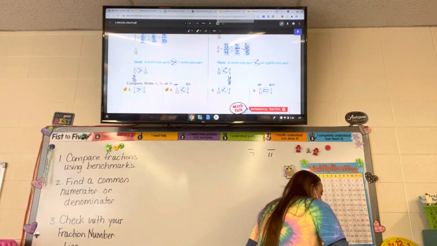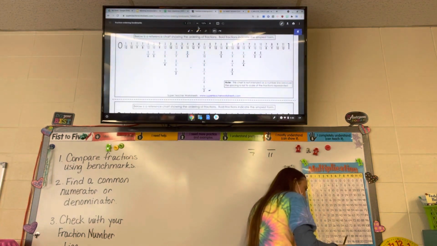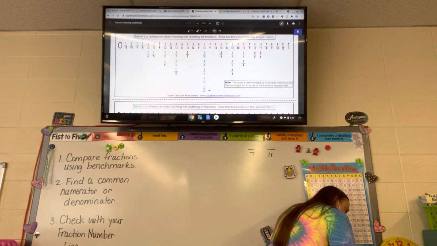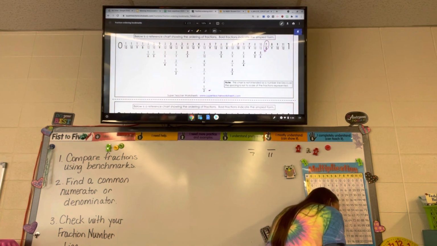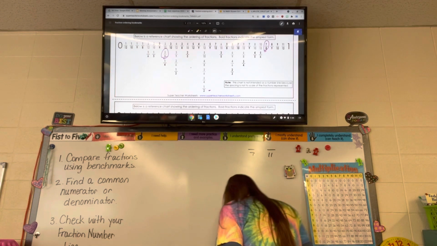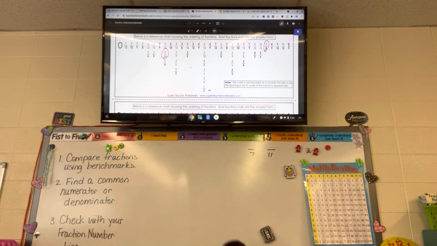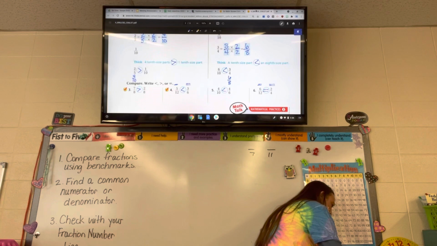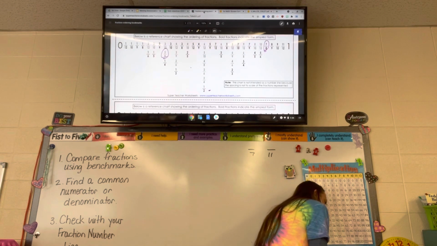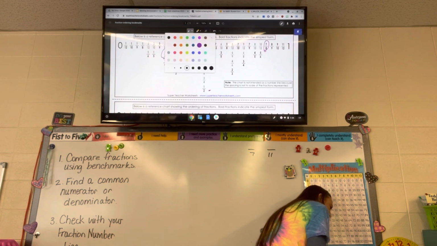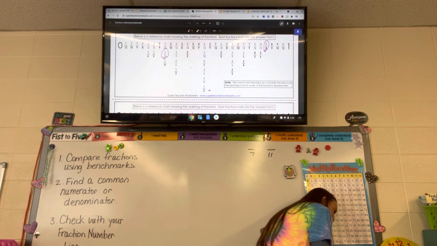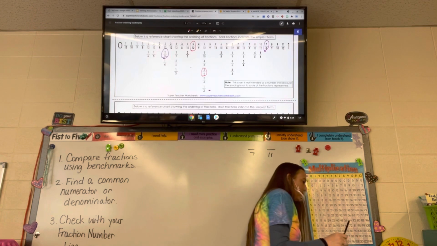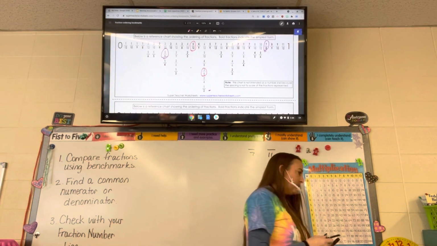All right, here we go. 7/8 and 2/8. So we come over here, 7/8 and 2/8. Which is closer to 1 whole? 7/8, and so we were correct. Okay? Our next fraction was 5/12 and 3/6. Which one's closer to 1 whole? 3/6.